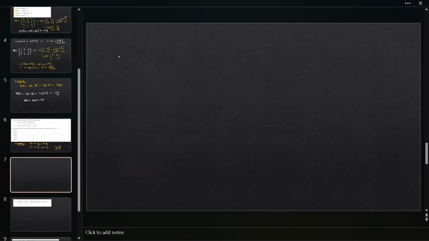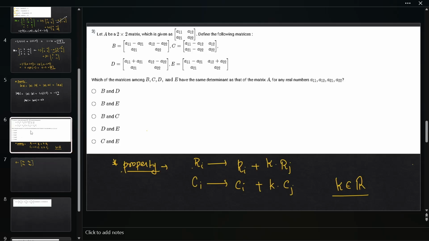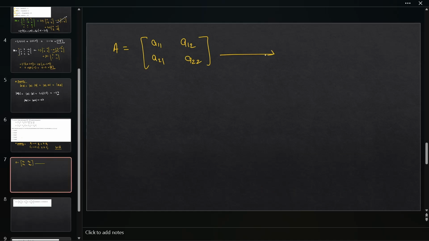Let's closely observe. We have our A as a11, a12, a21 and a22. And our B is a11 minus a21, a12 minus a22. So if we do an operation on row 1 such that row 1 minus row 2, it would change to a11 minus a21, a12 minus a22, and the second row is going to remain the same.